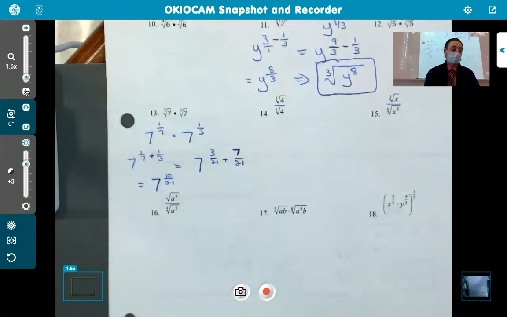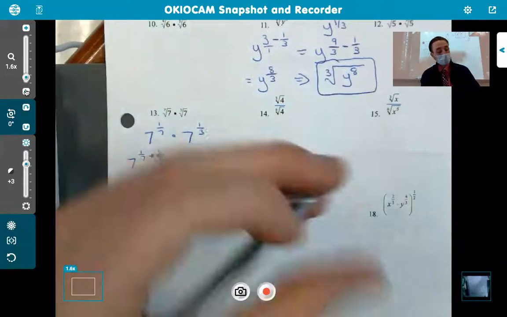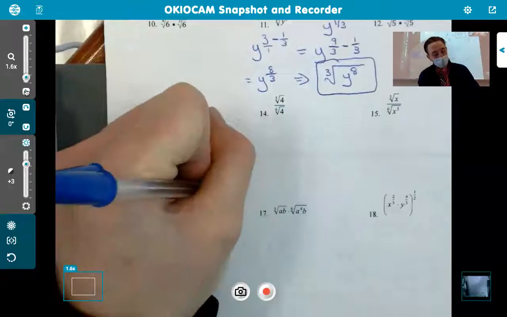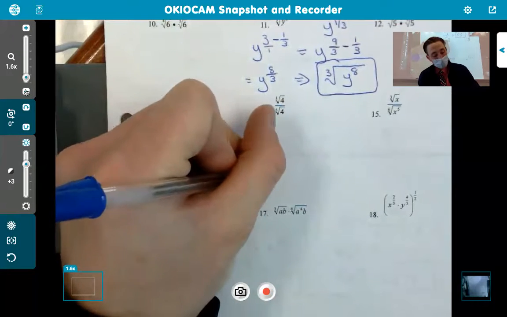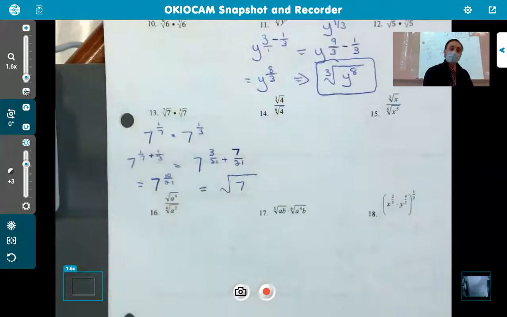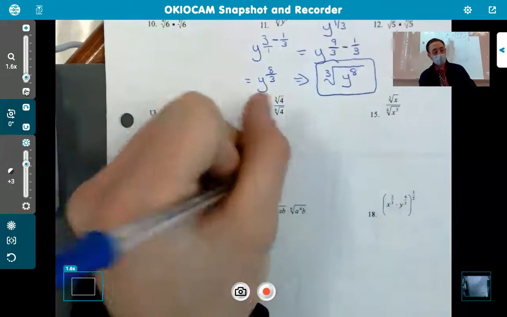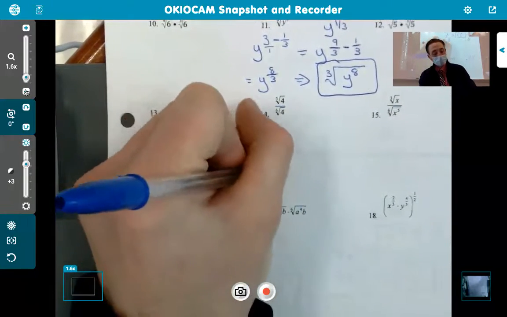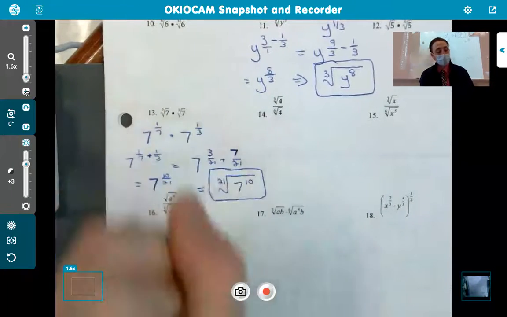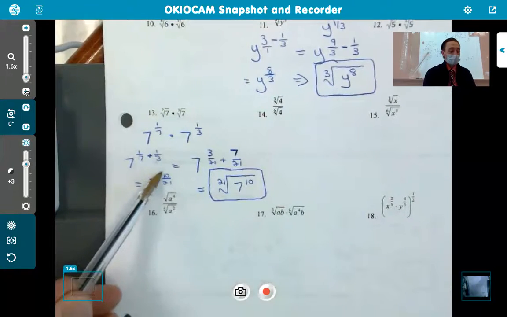And again, we should notice that we have a fraction as an exponent, which means we have to rewrite this in radical form. What's my index? 21. What's my power? 10. Again, this is probably the second or third time I'm saying this. Numerator is your power.